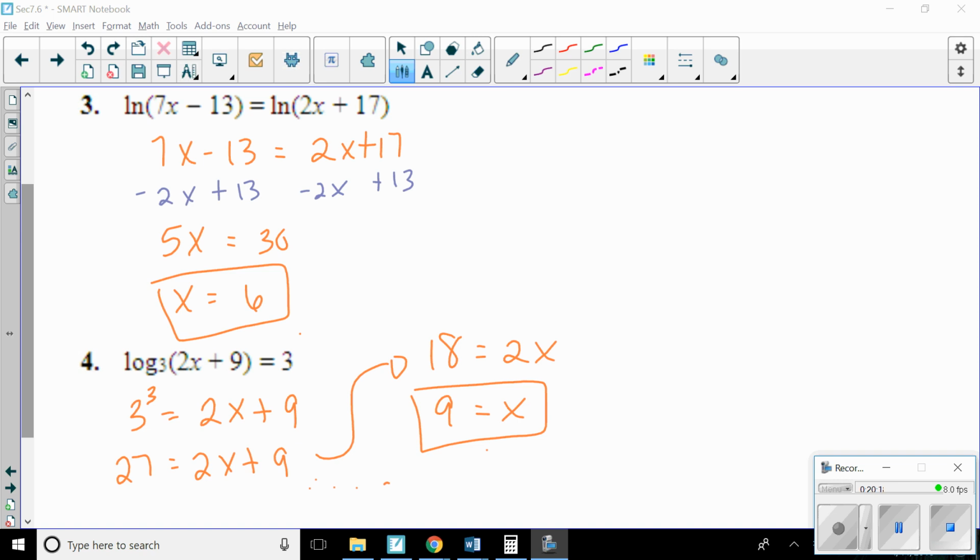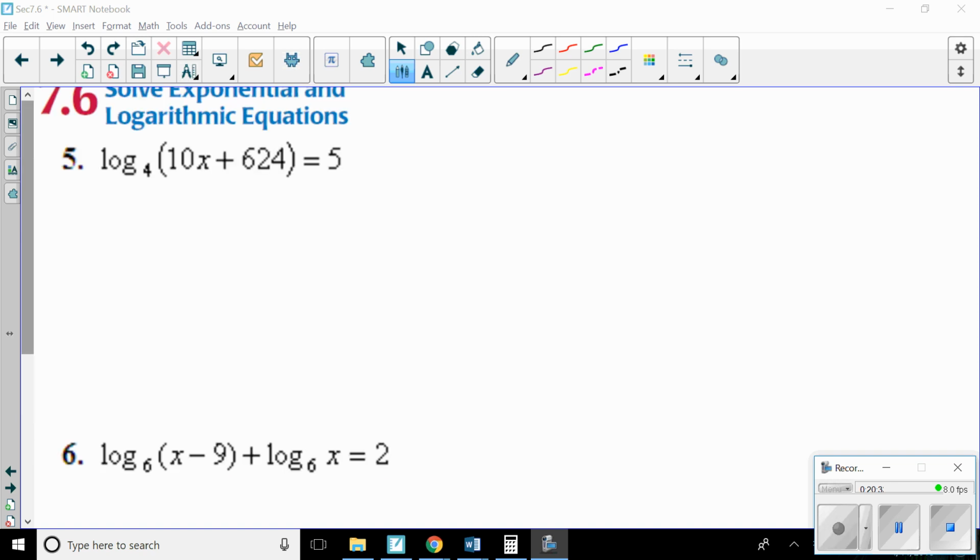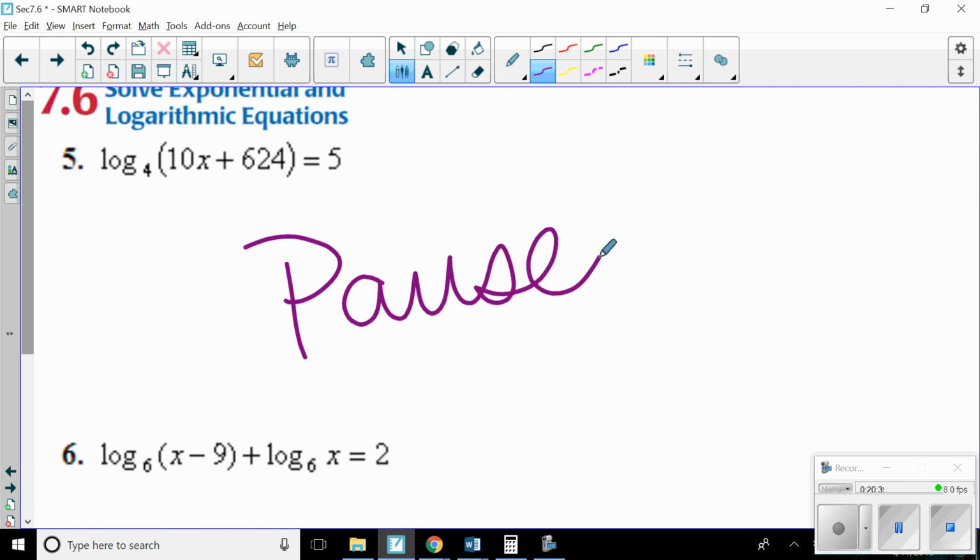In our second example, we're going to rewrite this into exponential form. And by doing that, we get 27, or 3 cubed, is equal to 2x plus 9. And then to solve for x, we get x is equal to 9. Now try these last two. You can pause the video while you work, and then unpause for the solution.